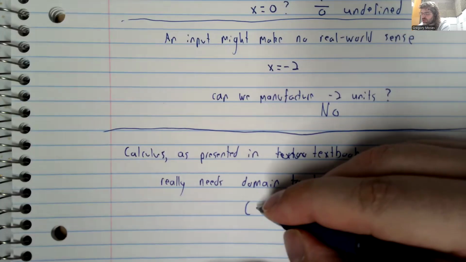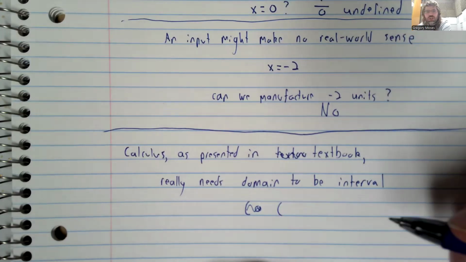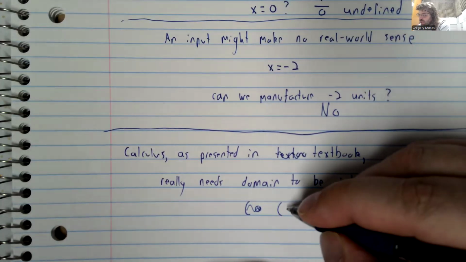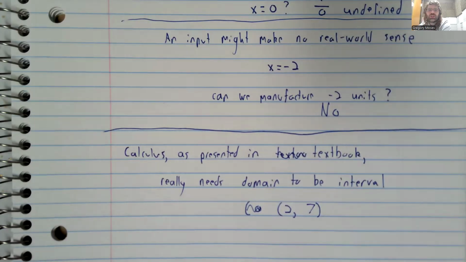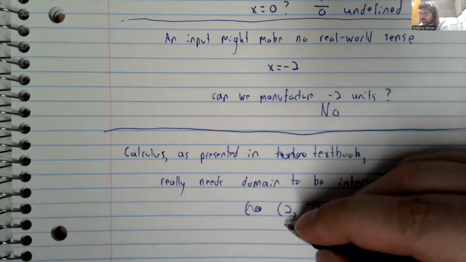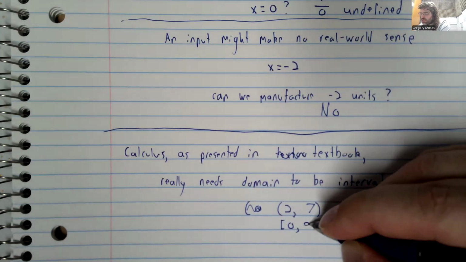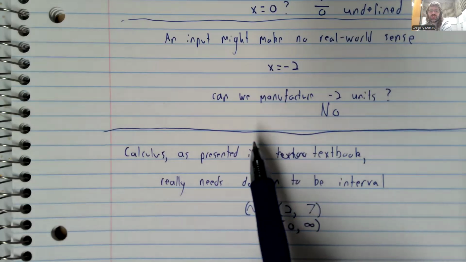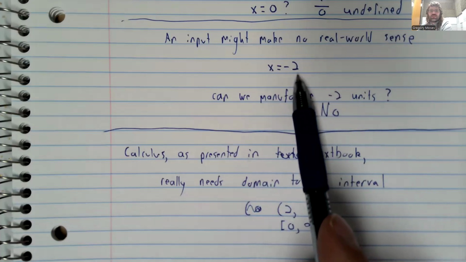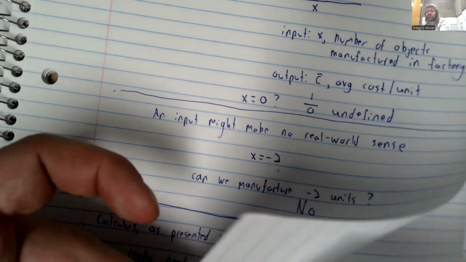Textbooks, I can spell, not so sure I can speak. But you know, we might do calculus on a function defined on the interval from 2 to 7. Or we might do calculus on the non-negative numbers. And this is often at odds with the real world.